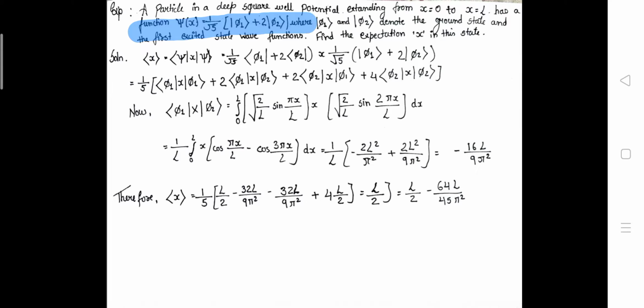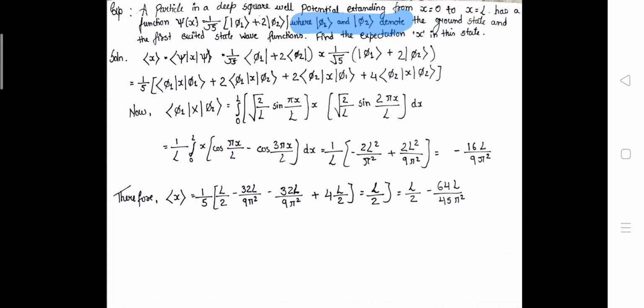So we have an infinite square well of length L, from x equal to 0 to L, and the wave function is given as 1 upon root 5 ket of phi 1 plus 2 ket of phi 2, where phi 1 and phi 2 denote the ground state and the first excited state wave functions. Find the expectation value of x.